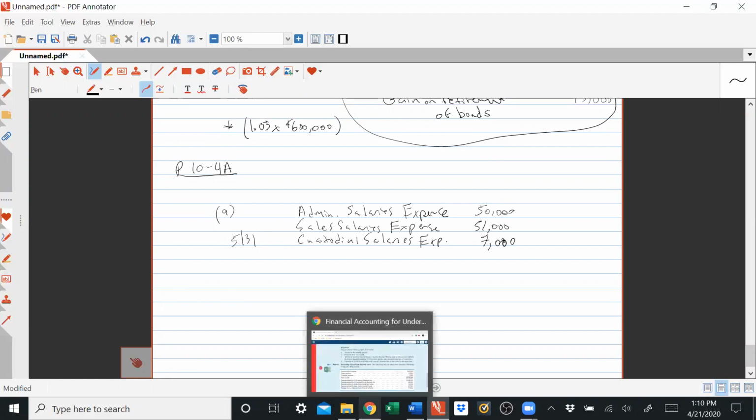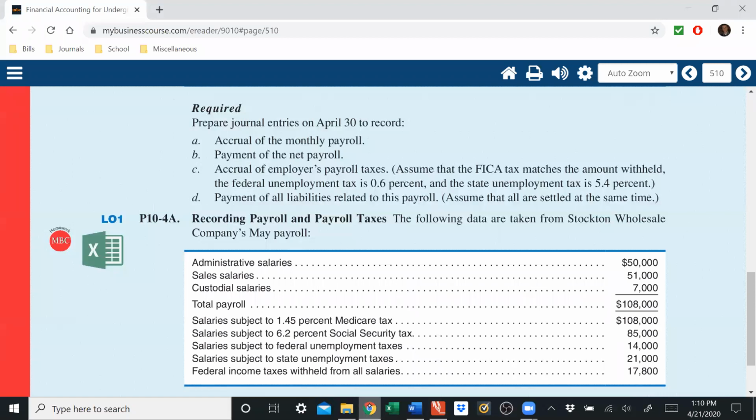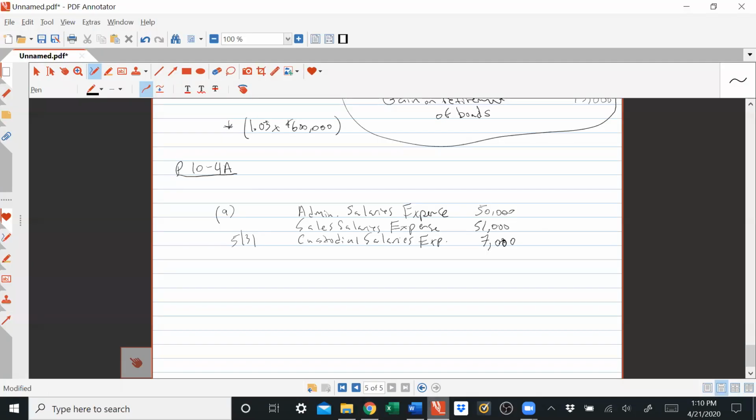Well, the first thing I'm going to do is federal income taxes that we're withholding from our employees' paychecks. But we don't get to keep the money. We have to turn around and give it to the government. This $17,800. So from our standpoint, it's a liability. It's called federal income tax withholding payable to the federal government.